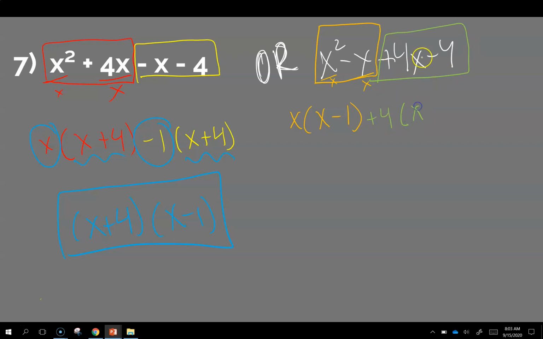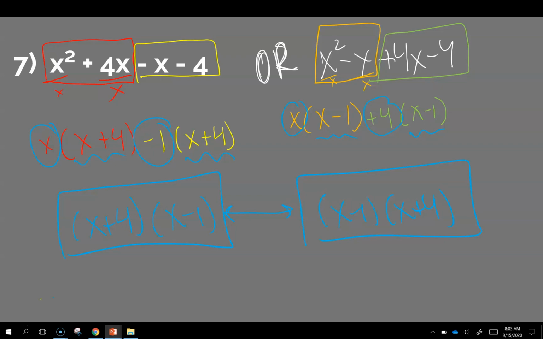We're left with x, and then negative 4 divided by 4, negative 1. So again, my parentheses are matching, right? Parentheses match with an x minus 1, and then what we got taken out was x plus 4, which is the same thing. So this one had two different ways to do it, so there's never just one way.